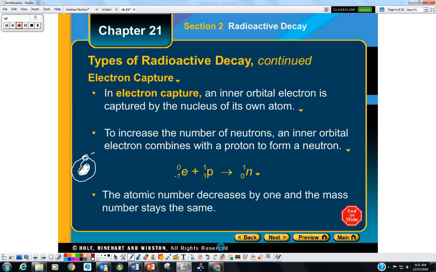All right. So there's basically two different ways that you can convert a proton to a neutron, depending on the element and the environment.